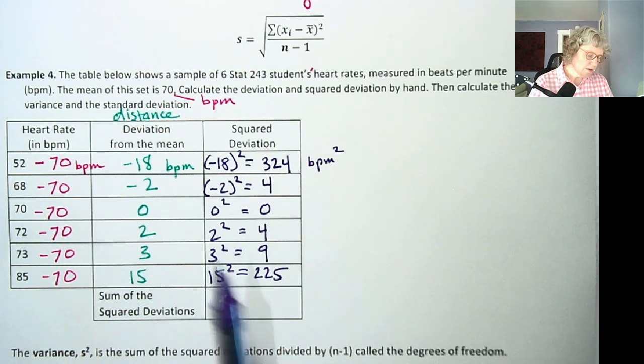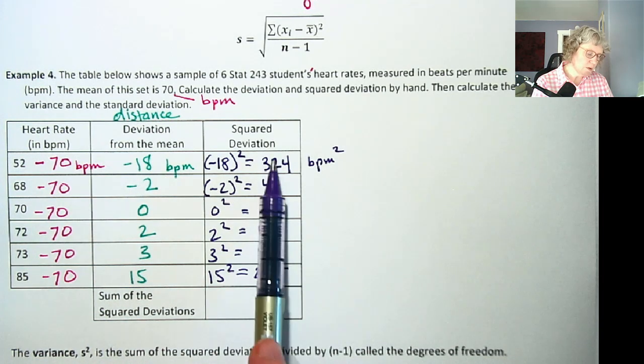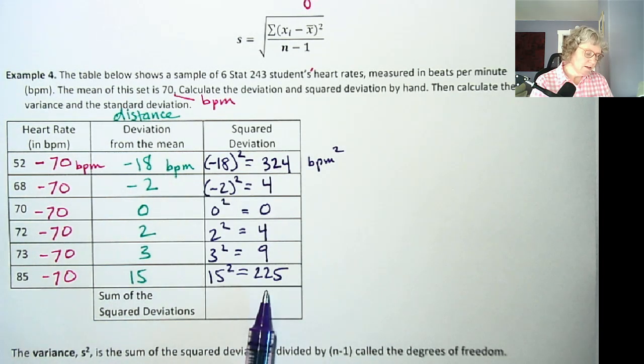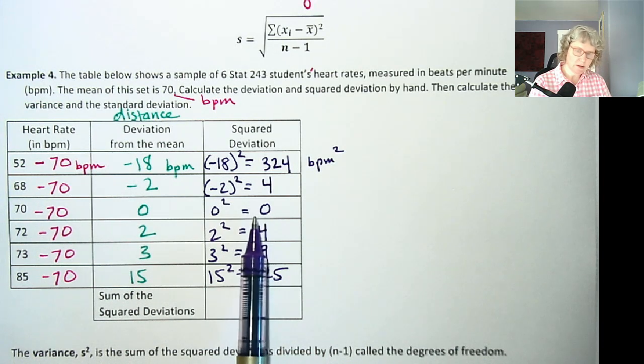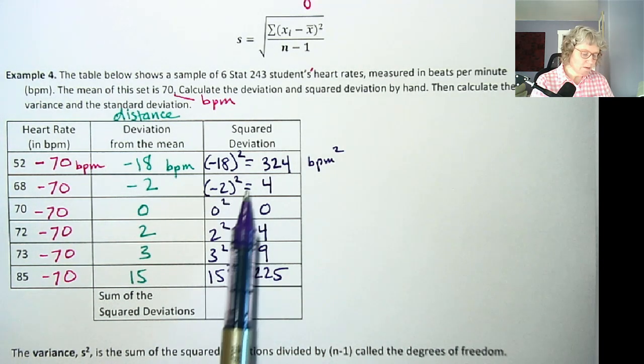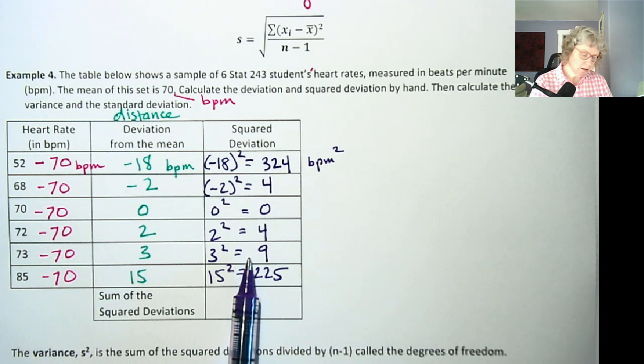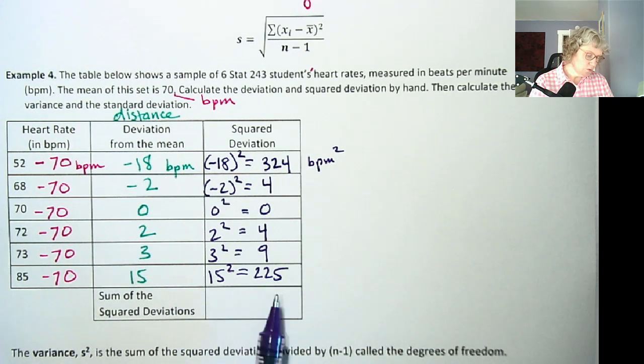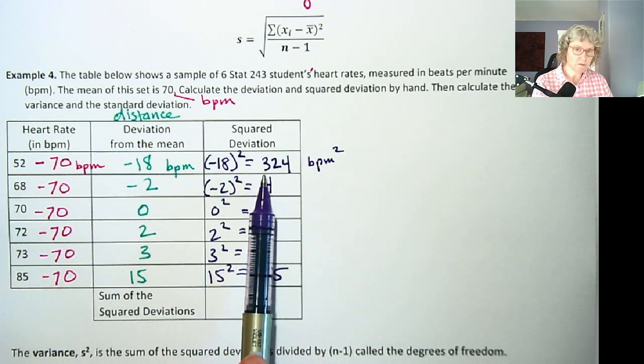The other thing squaring does is it emphasizes the points that are further away. So notice right on the mean doesn't contribute anything. If you're 2 away, 4; 3 away is 9; 15 away is 225; 18 away is 324.